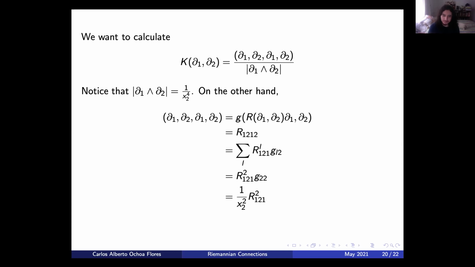Here we see that at least in principle the sectional curvature is simpler, because to know it we only have to know one of the components of the curvature tensor, whereas to know the whole curvature tensor we would have to calculate 2 to the 4 coefficients, at least in principle, without considering possible symmetries.